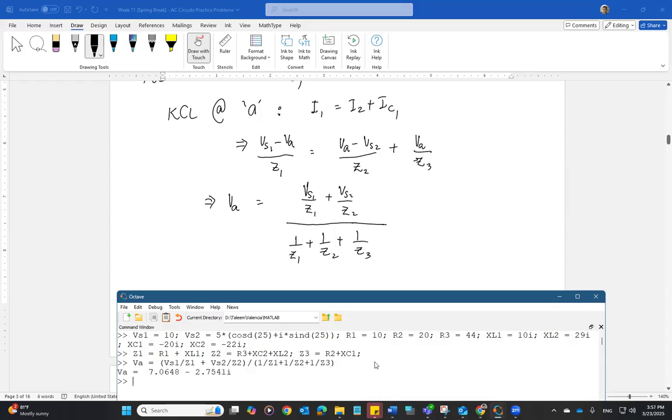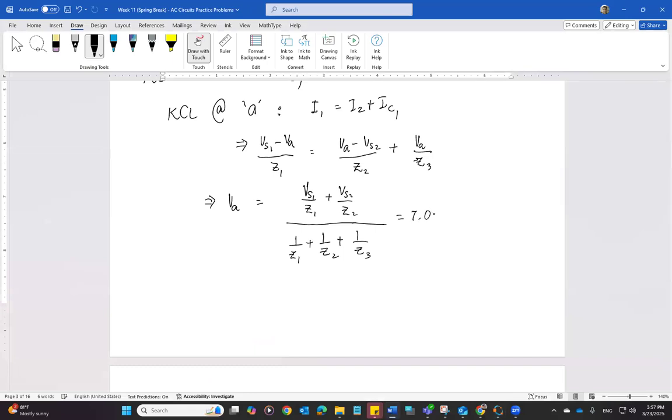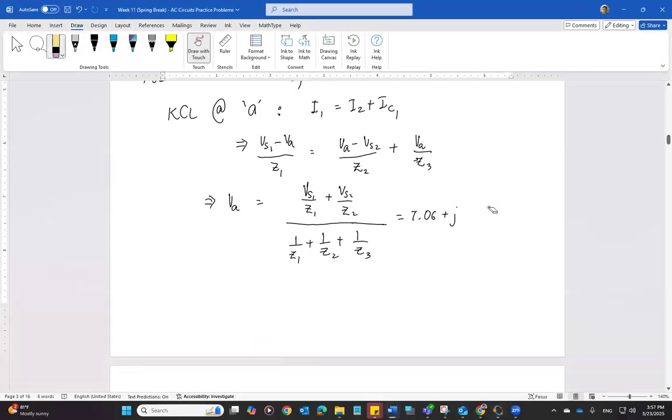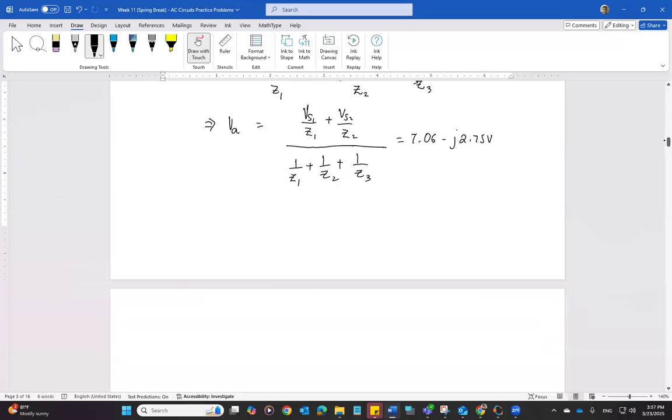And my VA came out to be 7.06 minus J 2.75 volt. And I'm not converting this into polar form right now because this is not the final result.